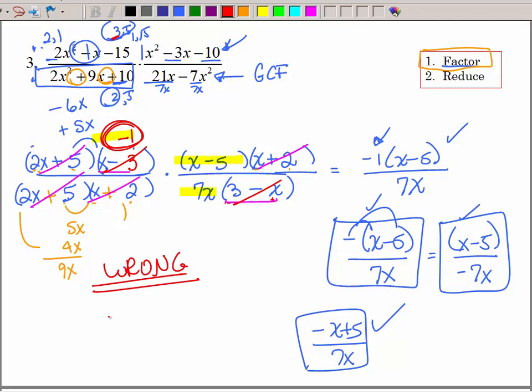Wrong would be this. That's wrong. This negative needs to go to both, and here that negative is only for the x, so that would be incorrect. So the safest thing to do is make sure those factors are in parentheses. Can't go wrong.